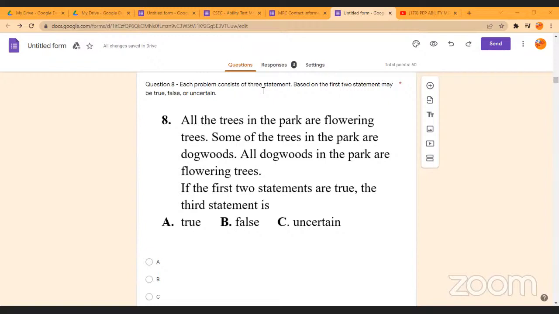All the trees in the park are flowering trees. Some of the trees in the park are dogwoods. All dogwoods in the park are flowering trees.